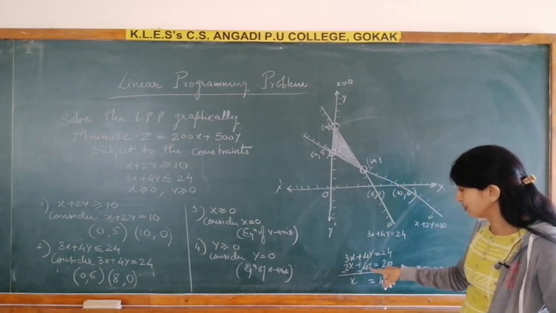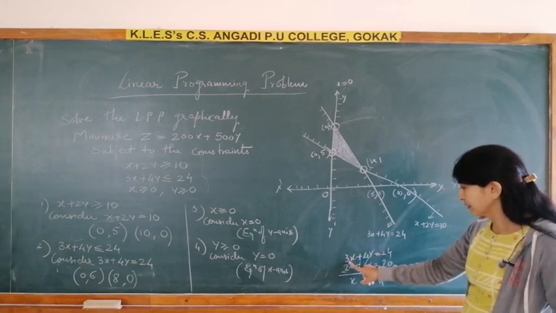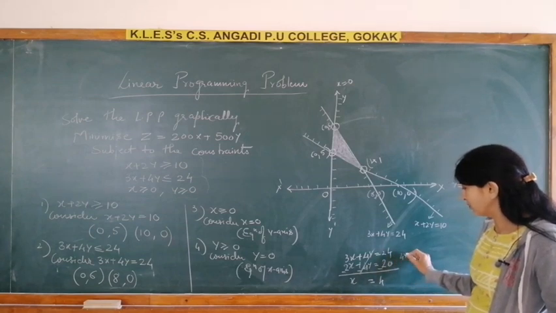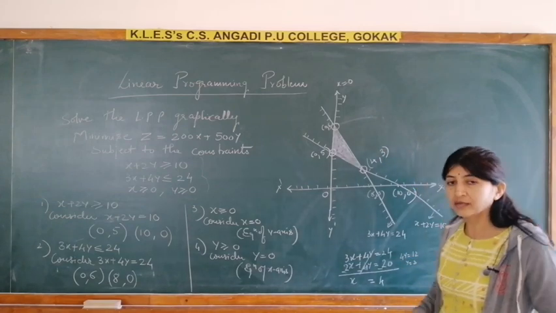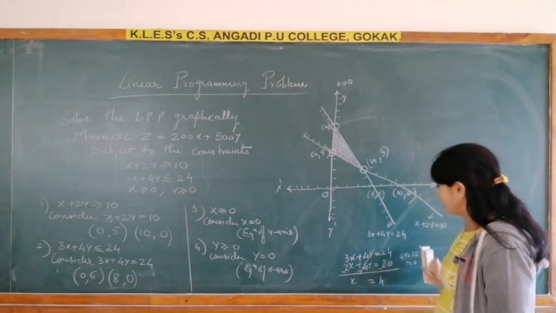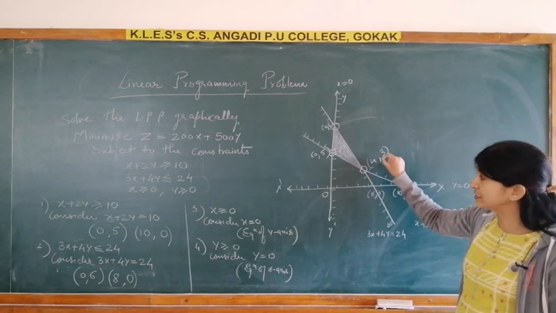Now substitute this x value in any one equation. So what will you get? 4 threes are 12. 12 if you take that side, you will get 4y is equal to 12. So y is equal to 3. So this is 4 comma 3. I told you it is better to solve the equations and get the value of the point which is not known.